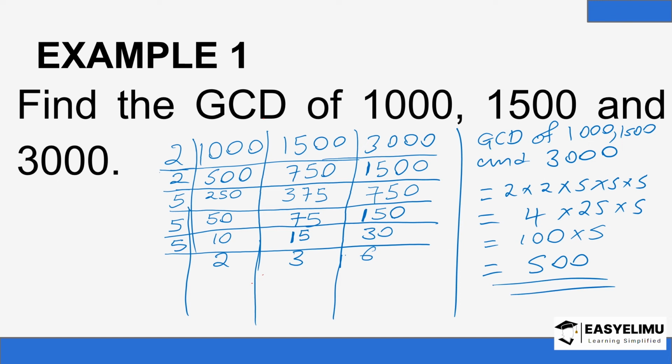So it means the GCD, the greatest number that can divide all the 3 without leaving any remainder, is 500. That is how you do it. These numbers are relatively larger compared to the numbers that we dealt with in the previous slide when we were talking about successive division.